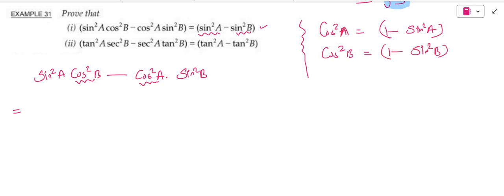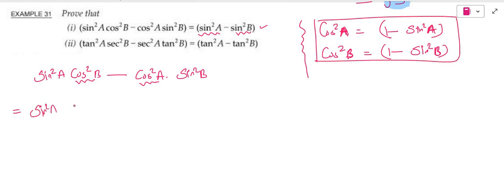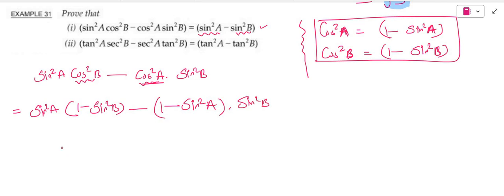If this is A, so this is the A angle. If this is B, so this is B. So these are the formulas I will use here. So sin square A into 1 minus sin square B, minus cos square A, which is 1 minus sin square A, into sin square B. Now I will multiply inside.